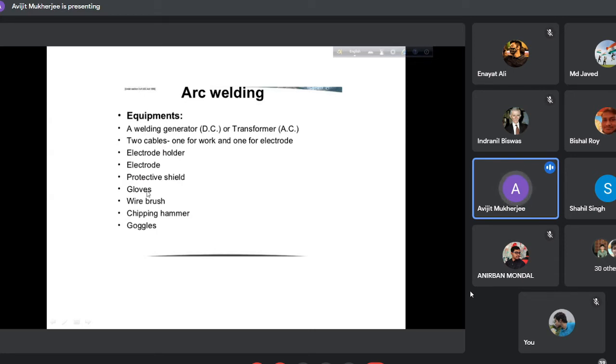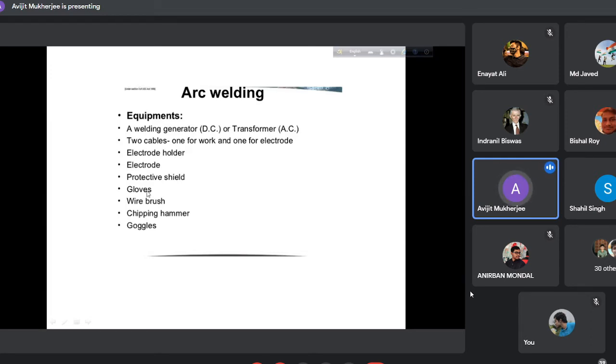Why? Because due to arc welding or any other welding, various fumes or gases are evolved. Not only the rays, the red ray, X-ray, UV ray, but obnoxious gases are also formed. And that is very, very harmful, not only for the lungs but also for the skin.